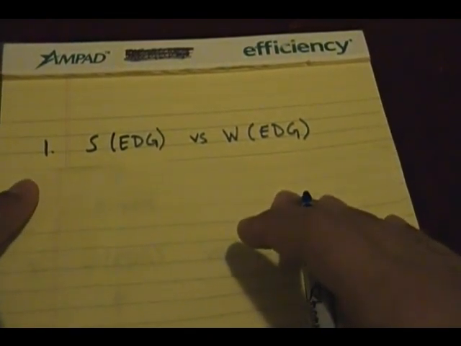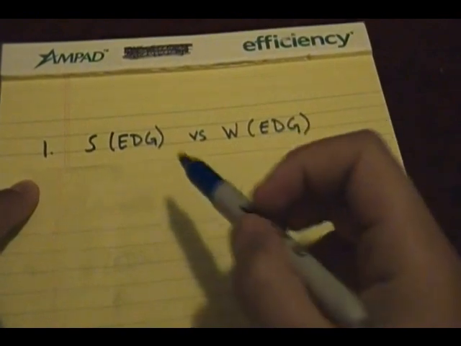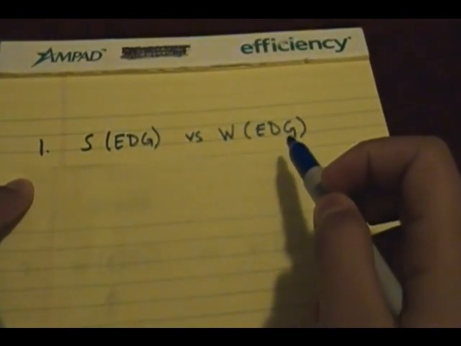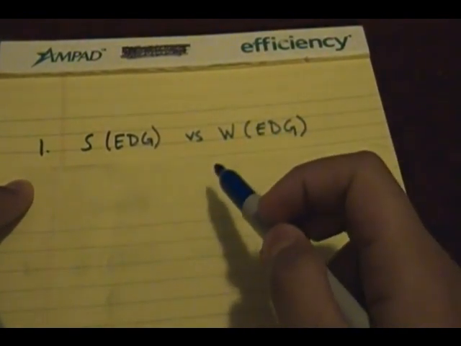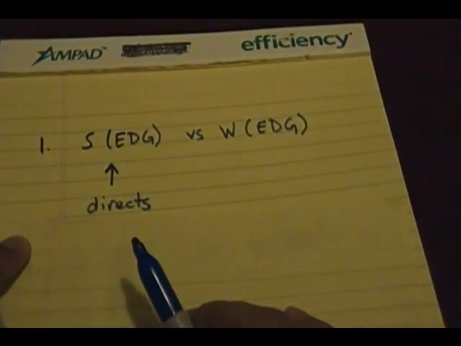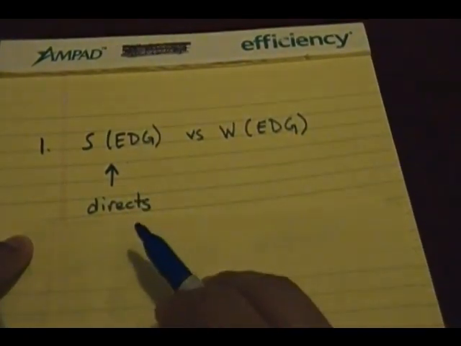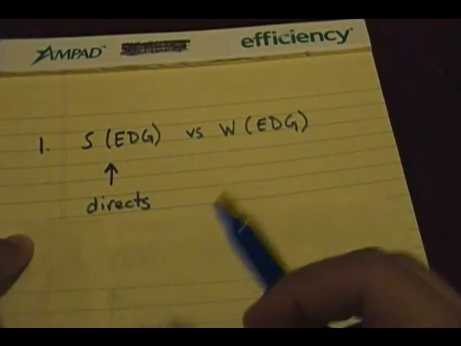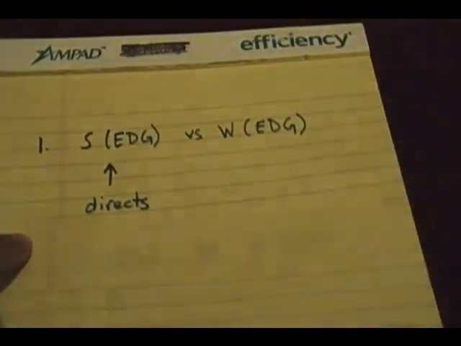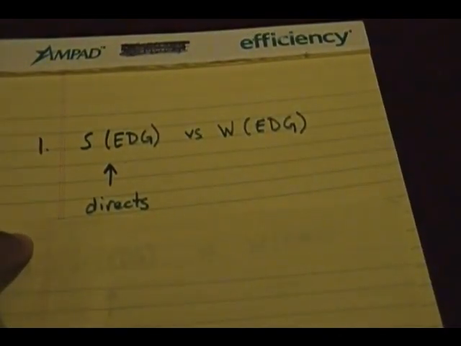Let's just say you have a strong electron donating group and a weak electron donating group present on the starting material. The strong electron donating group will direct the position of the incoming substituent. For all the examples I'll be talking about halogenation.